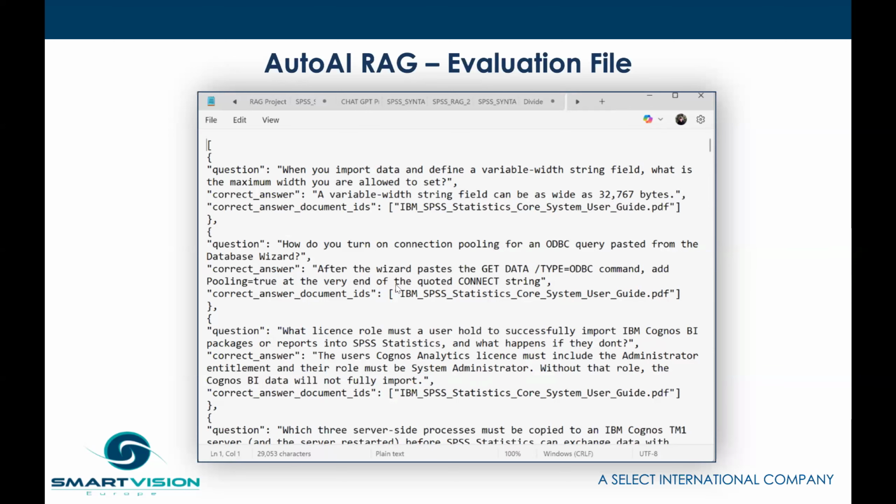Now, there's a bit of formatting here. What you can actually do is type it out in a text editor, like I've got here. I've just got Notepad. But alternatively, you could come up with your own questions and answers, and you could submit it to something like ChatGPT and ask it to create this file for you, because it'll give you an example of what the structure of the file is. So in my case, I simply said to ChatGPT, here's some documents. See if you can cherry pick out 20 good questions for me and put them into this formatting so I can download them as a JSON file. I got it to do it for me.